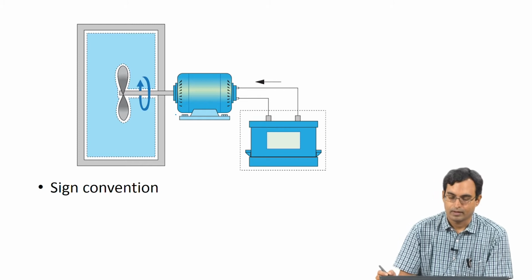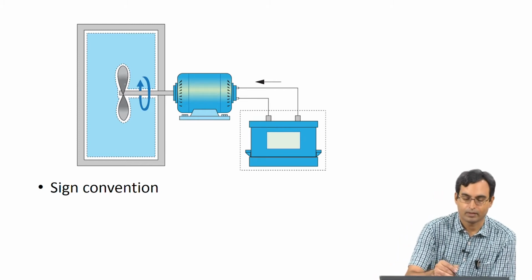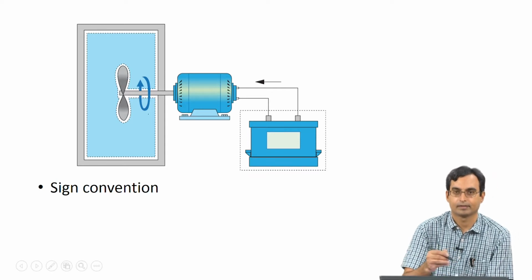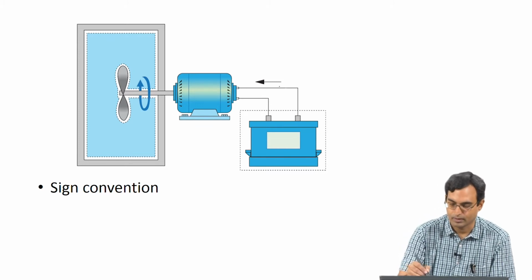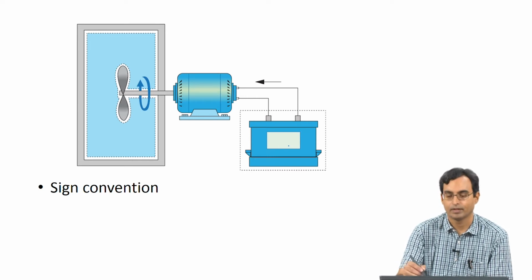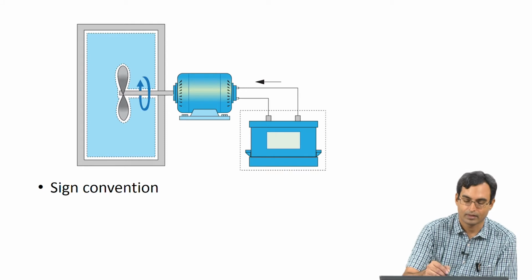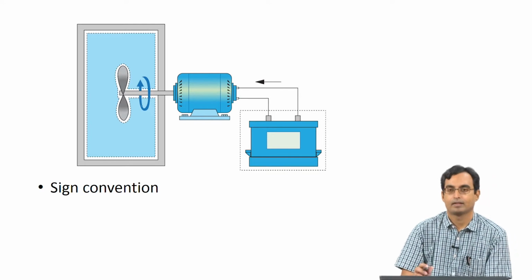So, I have this battery, it is connected to a motor, this motor is connected to a paddle wheel, and the paddle wheel is rotating inside a gas. Let us say I switch on this circuit, then there is energy flow from this battery which makes the motor run. When this motor runs, the shaft spins, this fan rotates, and the gas inside this system is rotated.